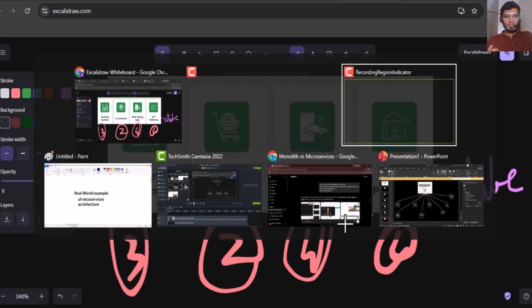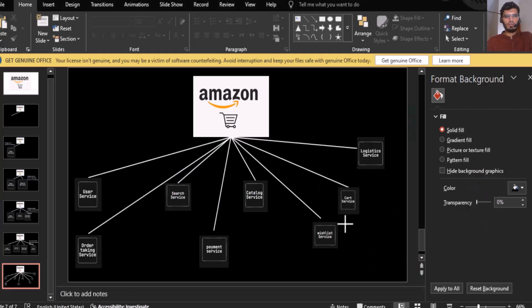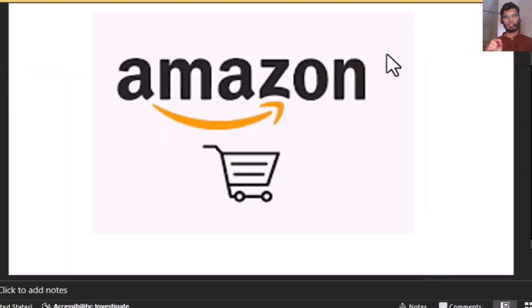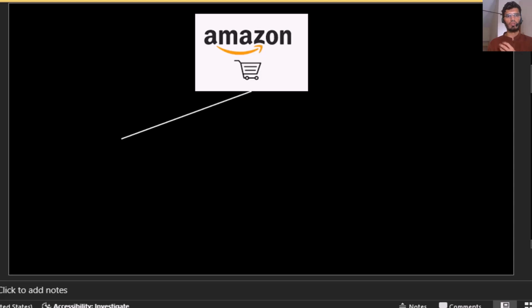So now let's discuss the example. Let us take one example from an e-commerce platform, that of the Amazon e-commerce application. The Amazon e-commerce application is made up of many individual services.